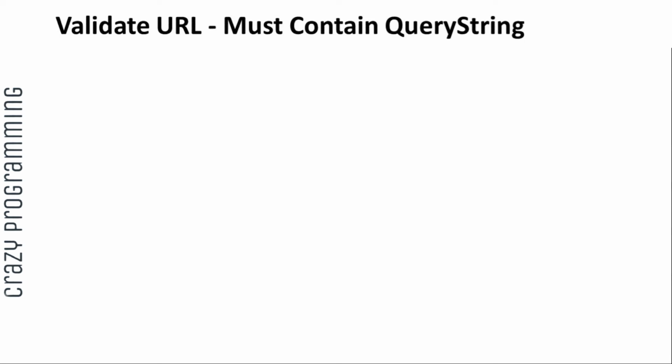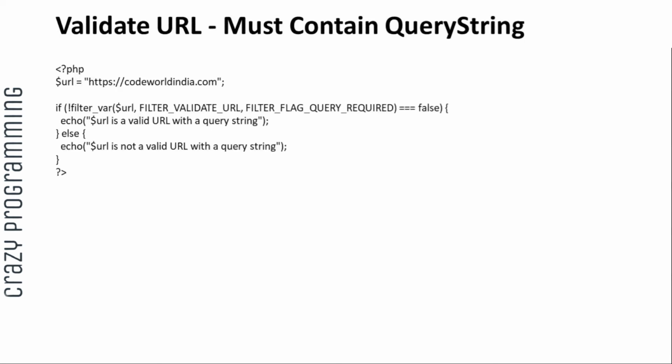Validate URL must contain query string. This is an example of validating a URL that must contain a query string. Here I use a URL variable, that is https://codeworldindia.com, and I use if not filter_var, and the URL, that is https://codeworldindia.com, comma FILTER_VALIDATE_URL.